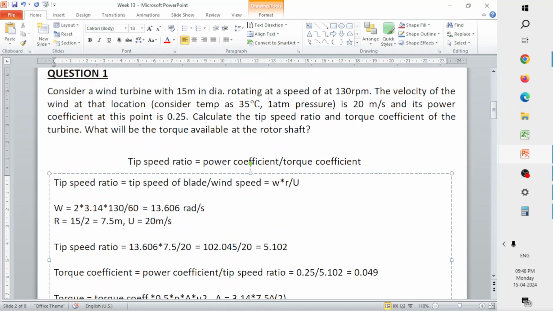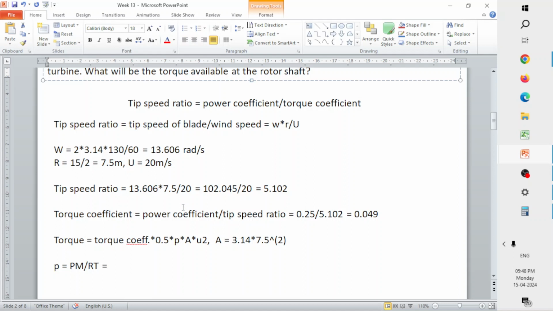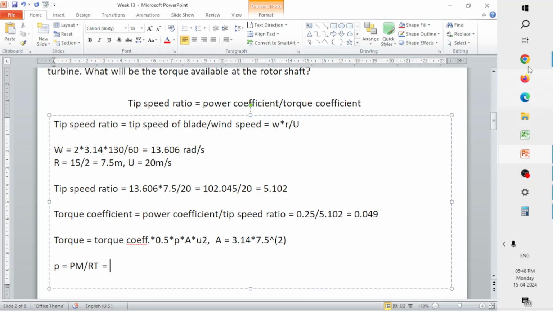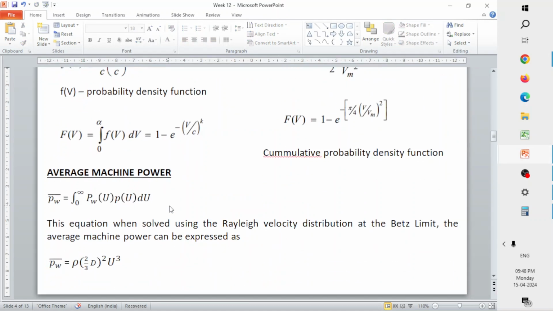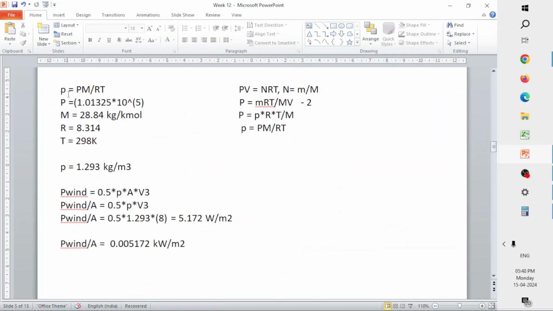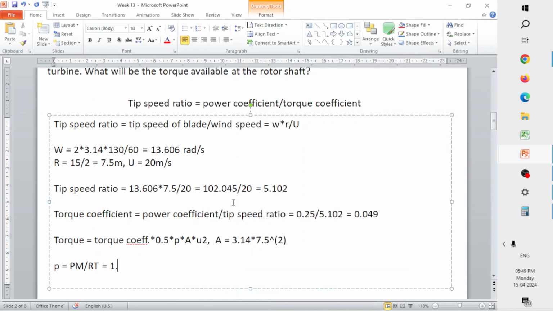They have given that the pressure is 1 atmospheric pressure, which we have seen is equal to 1.01325 into 10 power 5 pascals.